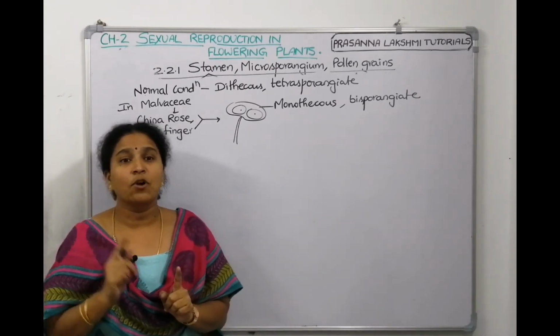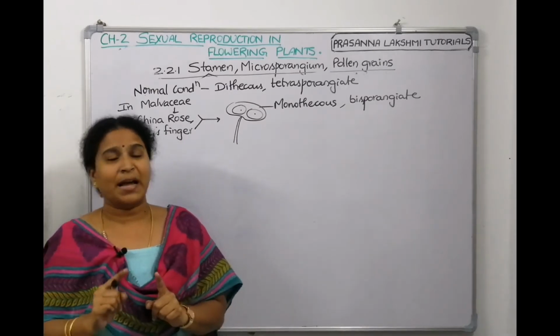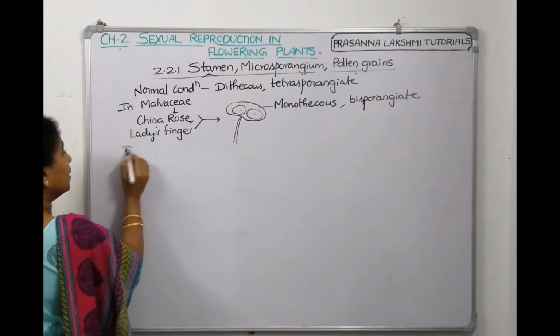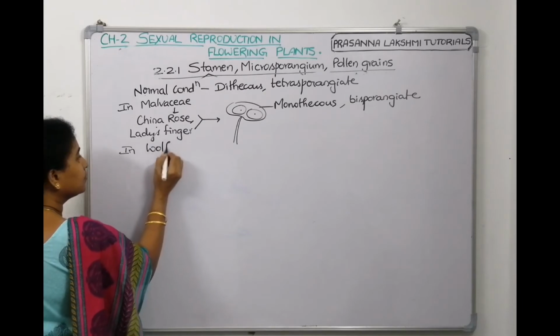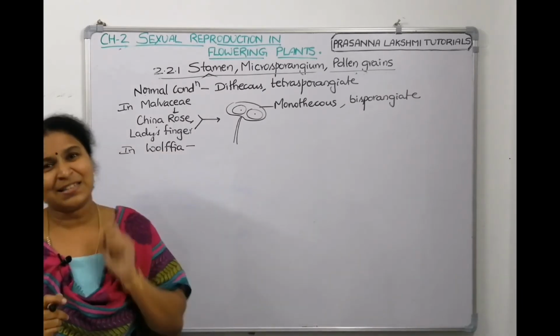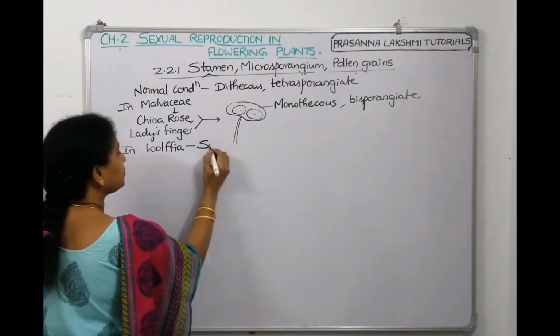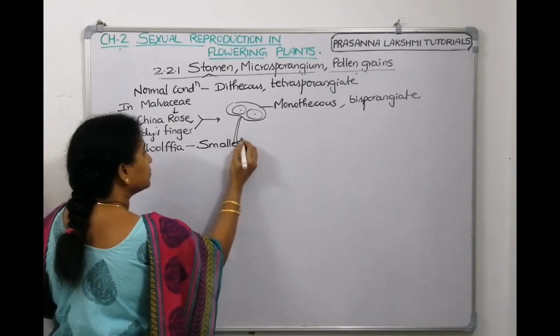Occasionally, if you see in the Wolffia plant, 1 anther lobe will have only 1 microsporangium. What is Wolffia? Wolffia is the smallest angiosperm, right?